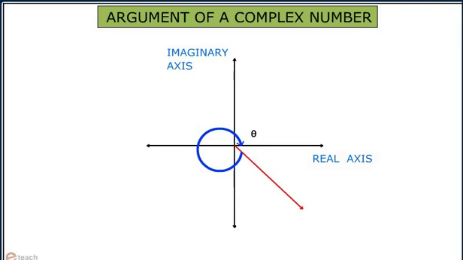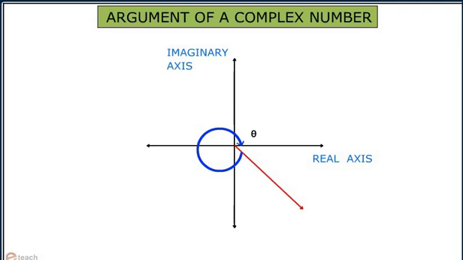Let us study a typical complex number in the Argand plane from the angles 0 to 2 pi. The argument of z equals x plus iota y when x is greater than 0 and y is also greater than 0 is shown here. The argument when x is less than 0 and y is greater than 0 is shown here.